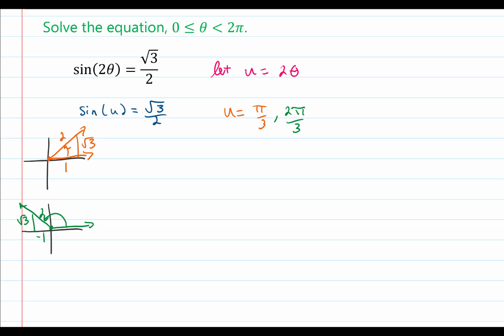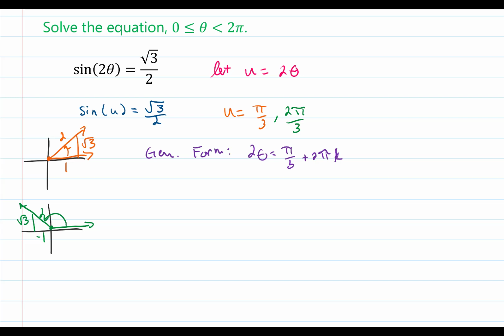We are now going to be tasked with finding two general formulas. So the general formulas are going to look like this. What we have is 2 theta is equal to the first solution for u, which is pi over 3, plus 2 pi times k.